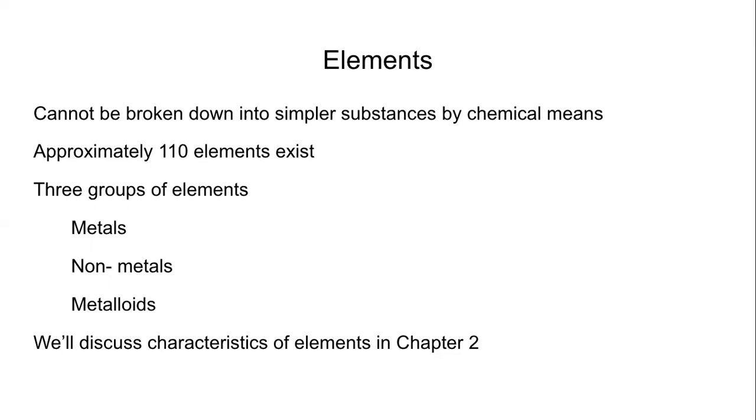And in this presentation, a little bit later, we'll talk more about the elements, but you all may be familiar with the periodic table, and this is where you find the elements. There are approximately 110, and there are three groups of elements: metals, nonmetals, and metalloids, and we will discuss this in chapter 2.